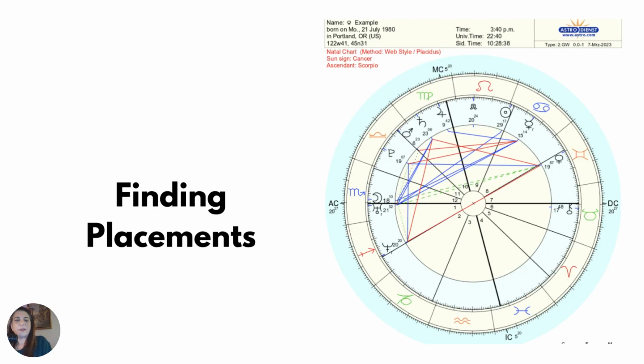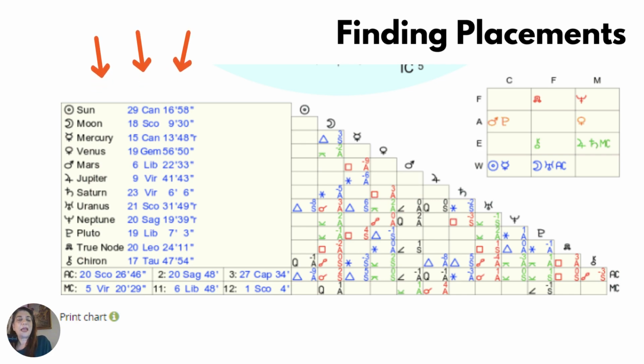So let's find the placements. This is what you want to know. At the bottom of an astro.com chart, you'll find a key. If you've been trying to find what degree and minute of the sign your sun or moon or your Venus or your Mercury or your Mars is in, that'll be inside the key.